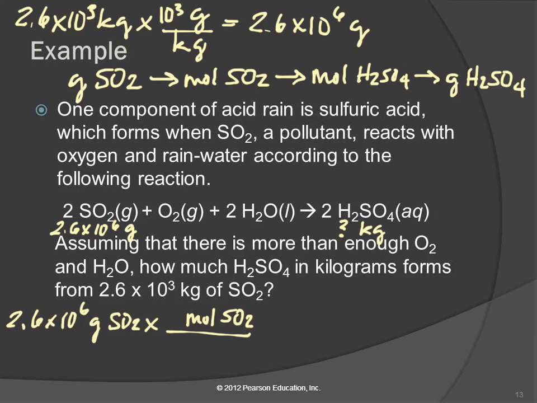Grams to moles of the other thing, H2SO4, and then finally grams of H2SO4. You with me? Grams to moles to moles to grams. Those are the units that go on top. There's always going to be your initial number and then 3 fractions.